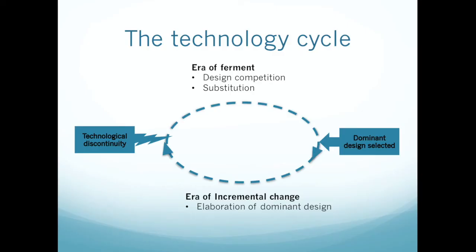And here we have another way of looking at it. It's called the technology cycle. If you look at it, it's similar to the other graphs. First we have an era of ferment, where it's design competition, it's substitution, you do not know exactly what you're doing, it's some new technology that has entered the market, it might still be in a niche, it might be competing with an old proven technology.